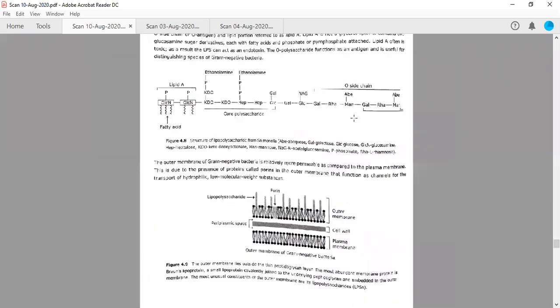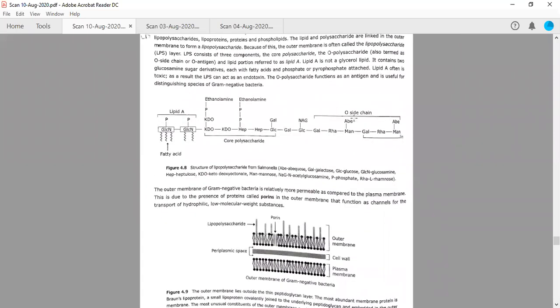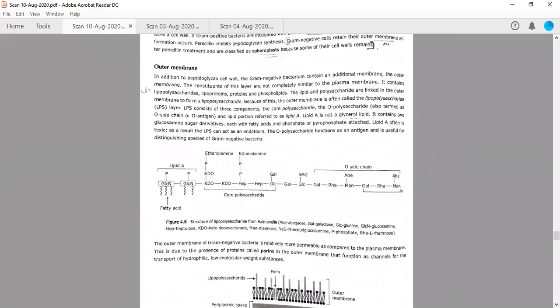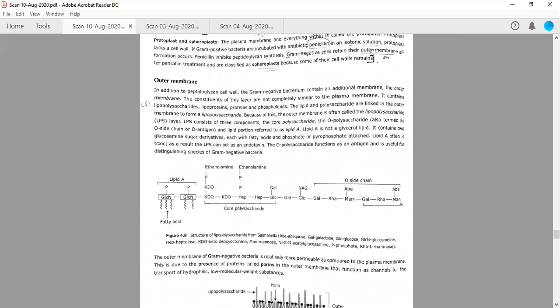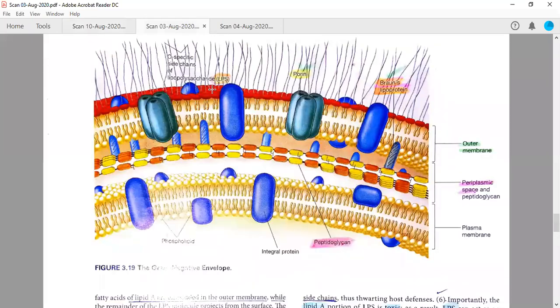For today's class, I have scanned this from the Pathfinder. So we have discussed this much in our previous classes. Protoplast and spheroplast we have covered. Then outer membrane also I told you in one class. So outer membrane structure we have discussed with the help of this reference diagram.